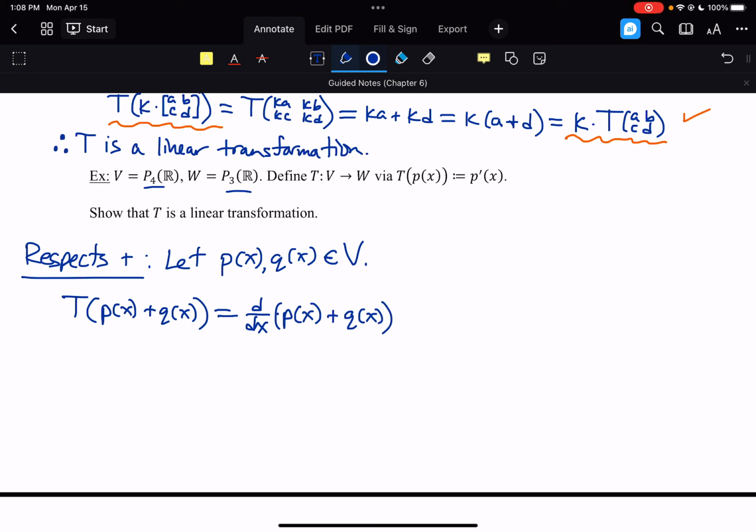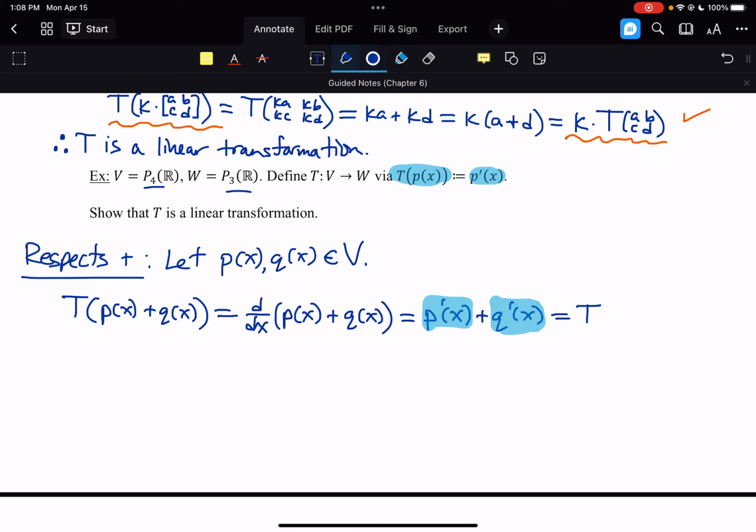And we know from the properties of derivatives that you can differentiate across sums and differences like this. So this would be the same thing as p prime of x plus q prime of x. And p prime is the transformation of p, and q prime would be the transformation of q.